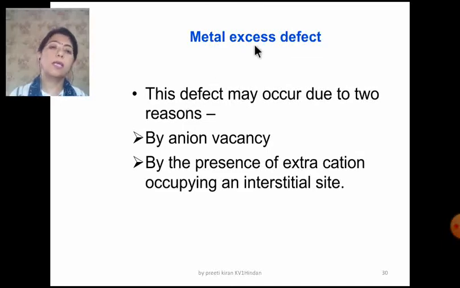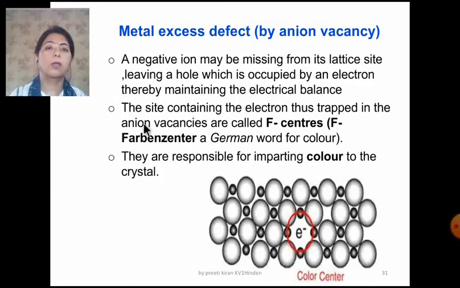Metal excess defects. The metal excess can be there due to two reasons. One is by the presence of the anion vacancy, and the other one is by the presence of the extra cation occupying an interstitial site. The metal excess defect, the first case, by the anion vacancy.